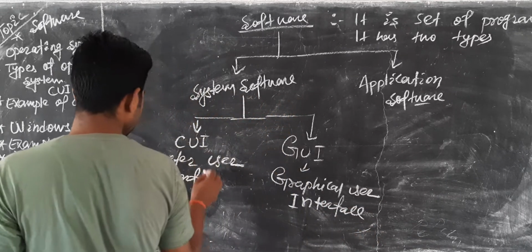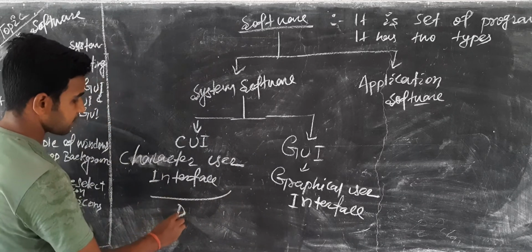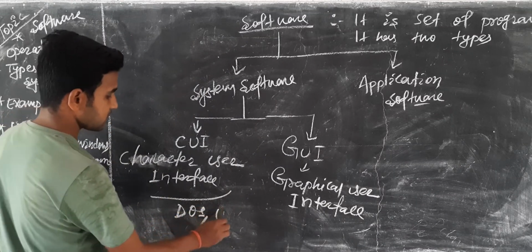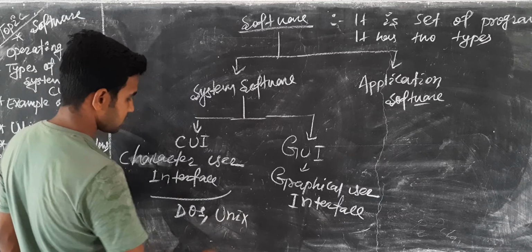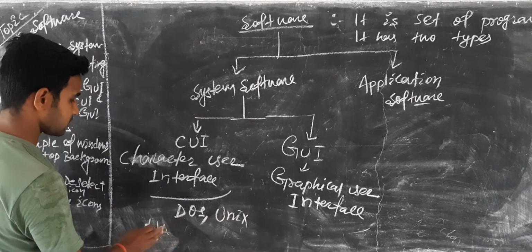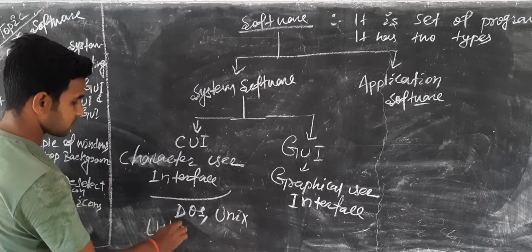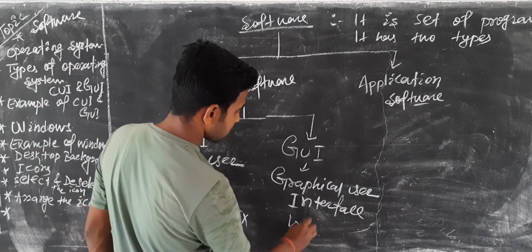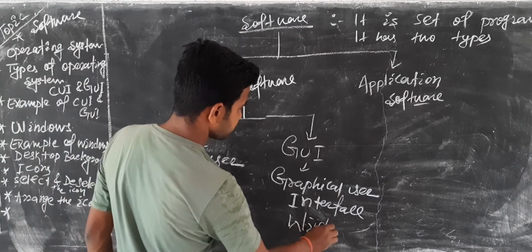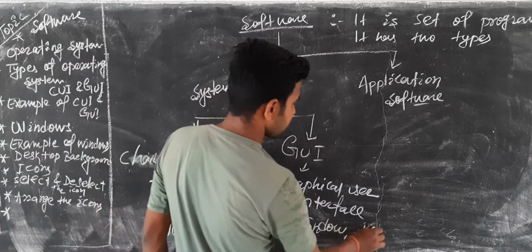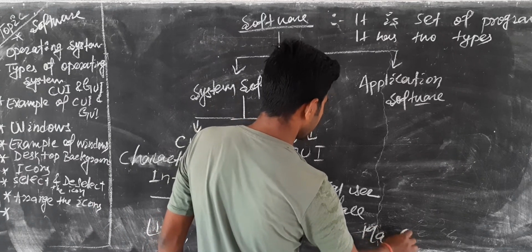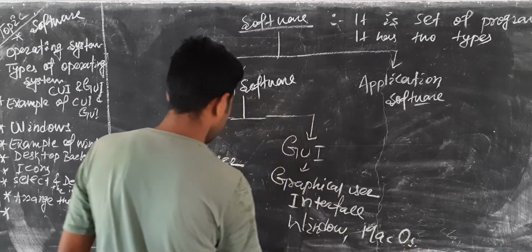Examples of CUI are DOS, Unix, and Linux. Examples of GUI are Windows, Mac operating system, and many more.